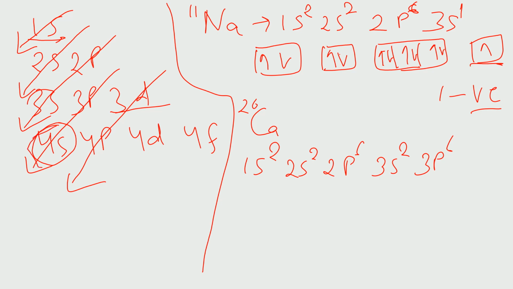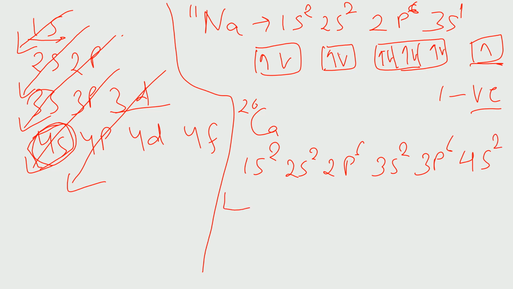Now why does 4s come first before 3d? I will discuss that in a coming video, but for now you just remember this diagram of how the electrons are filled in the energy levels. So 4s will come and we put the remaining electrons in this orbital.